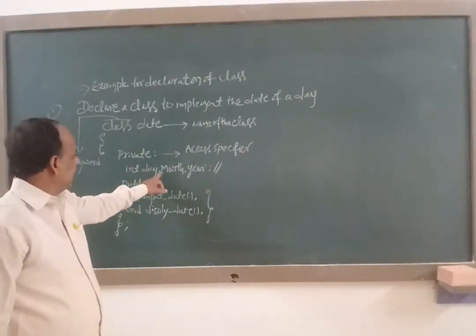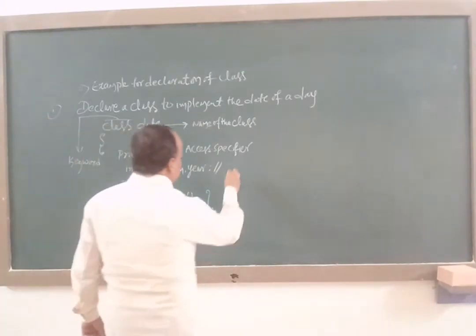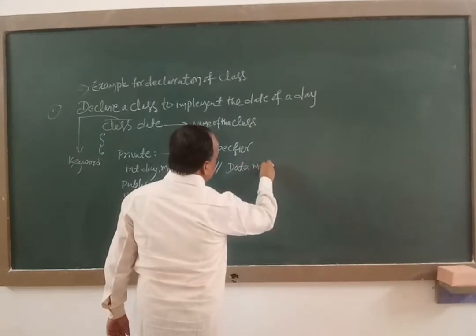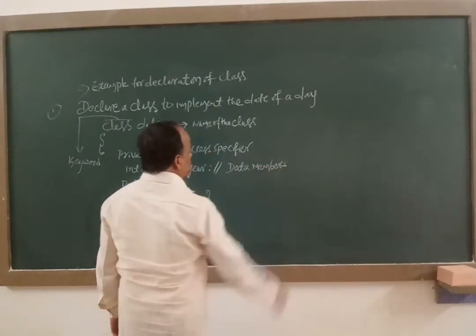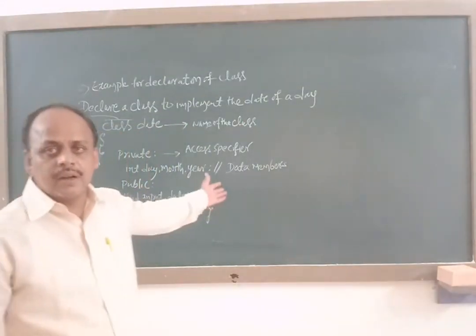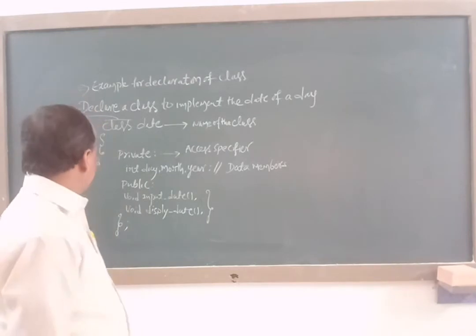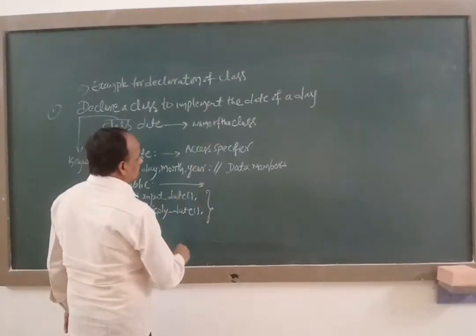This day, month, year are considered as data members, or else we can also call them member data, no problem. And this public indicates what?